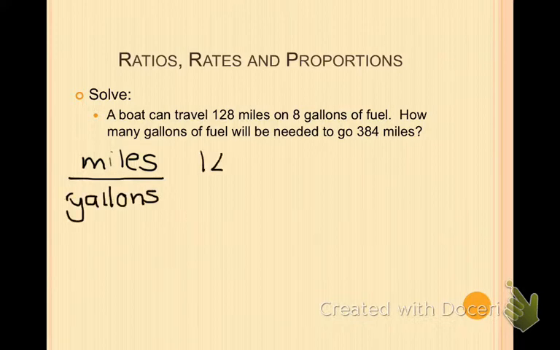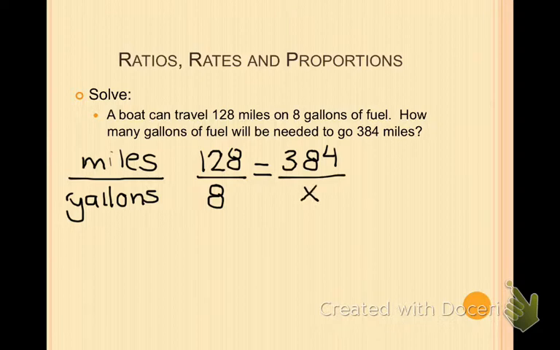So we have 128 over 8. Now it says how many gallons of fuel will be needed to go 384 miles. So 384 is going to go on the top because it's miles. We don't know the gallons, so it's going to go on the bottom.